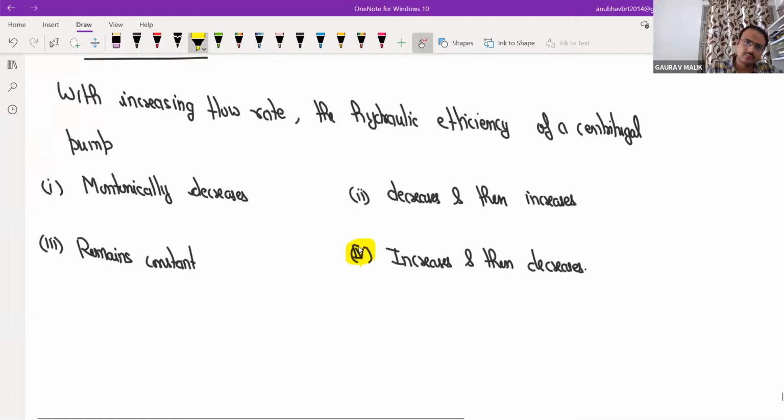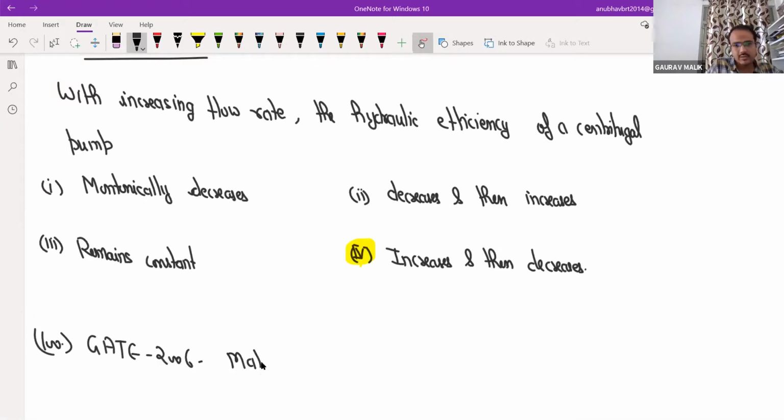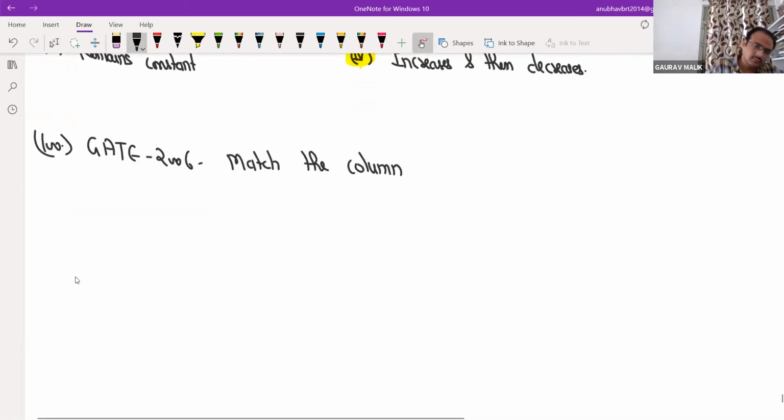Next question, 100, GATE 2006. Match the column. Group first, group second.